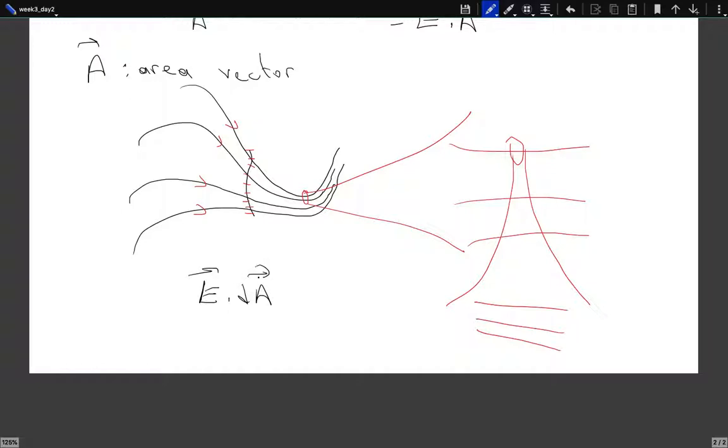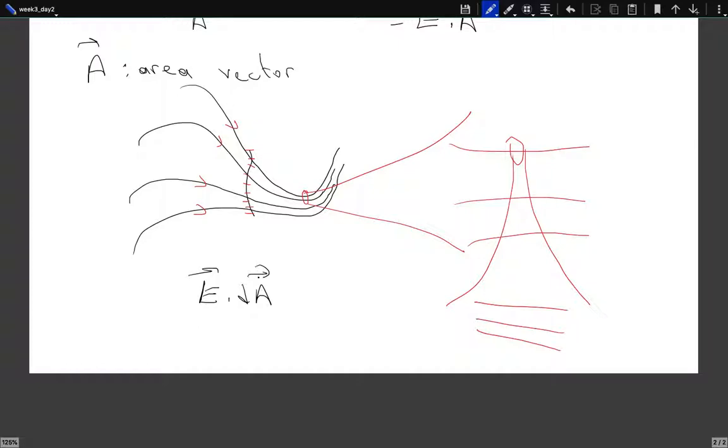Again, I imagine this area divided into very small bits. Near each one of those very small bits, the electric field lines will be parallel. So I know how to calculate this quantity. If I can calculate this quantity for a very small region, again I repeat, this is in a sense the number of field lines passing through that very small area. The total flux will be the total number of field lines passing through that area.